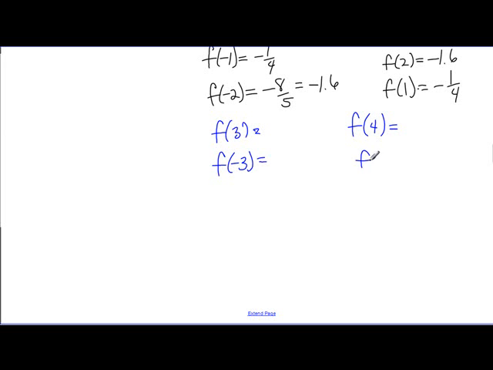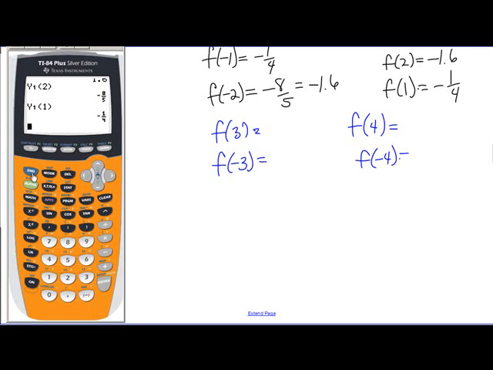So second enter pops that entry line back in. I can change the 1 to a 3. Oh, 3 is a dumb, that was not smart. Of course I get an error message there, because when you plug in 3, that's a 0 in the denominator. So we need f of 4 and maybe f of 5 and negative 5. Okay. Trying again.